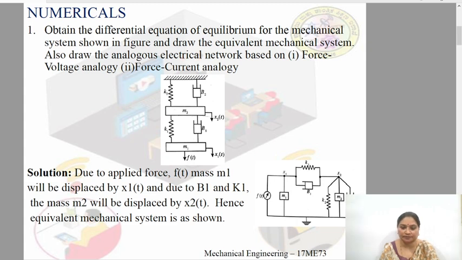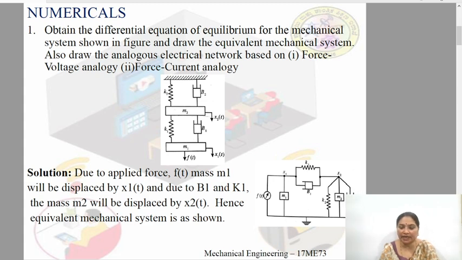So here it is. The equivalent system will be drawn in terms of the damper B1 and spring K1 which is attached to mass M1. So let us consider that node as x1 to which the mass M1, spring K1 and B1 are attached.